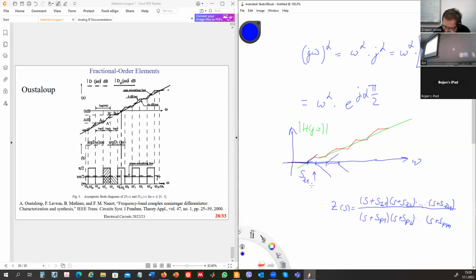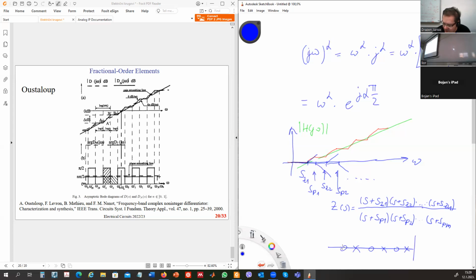Then here is a pole. Then this is the second zero. Then here is the second pole, and so on. So zeros and poles alternate. They must be like this. So you have pole, zero, pole, zero, pole, zero.